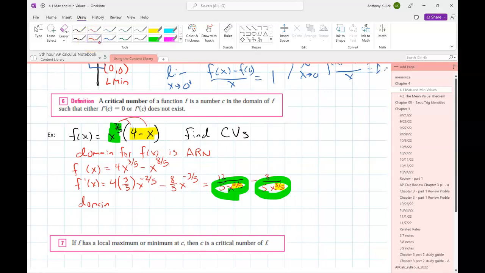So my domain here is just going to be all real numbers except for 0. So that's one thing I have to check for. So I know that f prime of 0 does not exist. So that's one critical value.